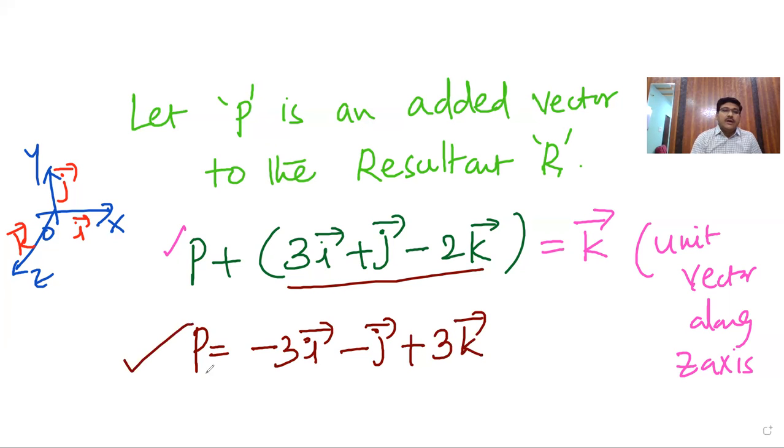This is the required answer. If that vector is added to the sum of A bar plus B bar, it will lead to the unit vector along z-axis. This is final. Okay, final answer.